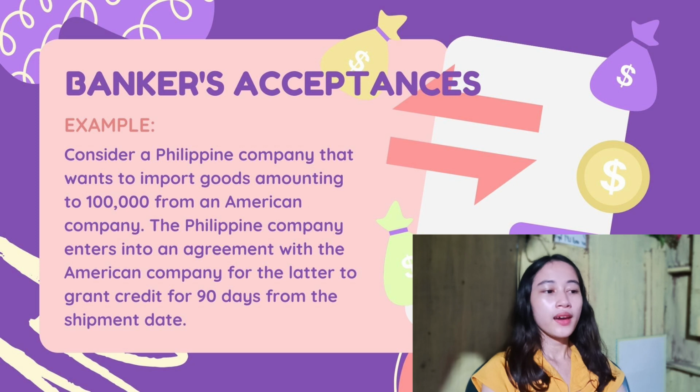A Philippine company wants to import goods amounting to 100,000 from an American company. The Philippine company enters into an agreement with the American company for the latter to grant credit for 90 days from the shipment date.